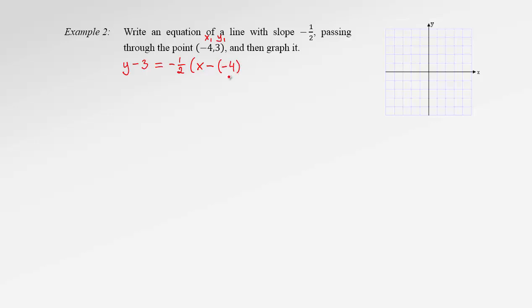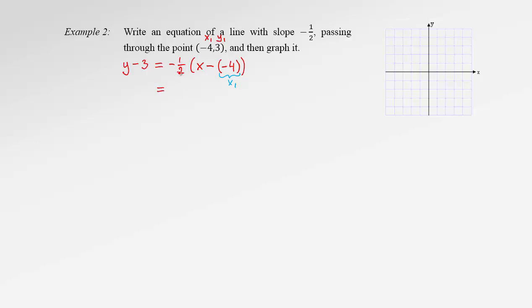So watch this part, we have a double negative. First negative from the formula, x minus x1, and second minus because the value of x1 is negative. Okay, since we already have written our formula for the equation of a line, what's left to do is to simplify it. So let's multiply through the bracket.